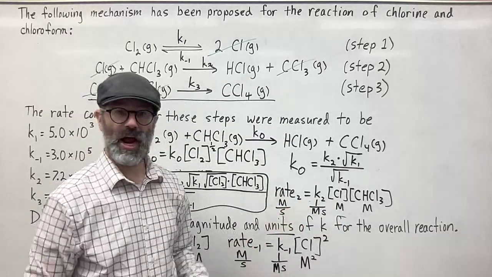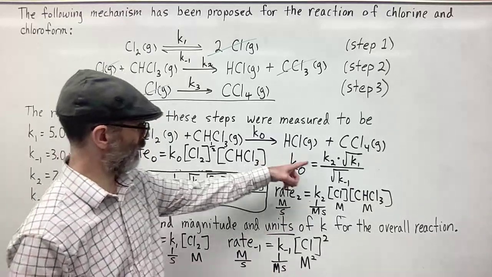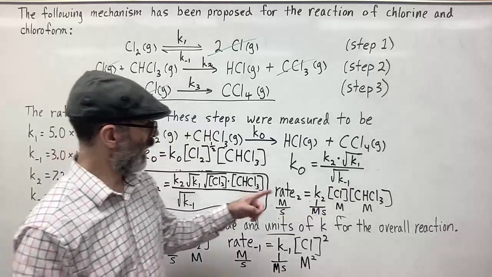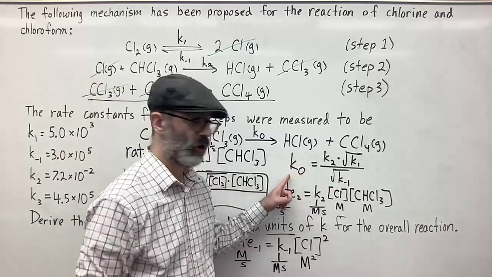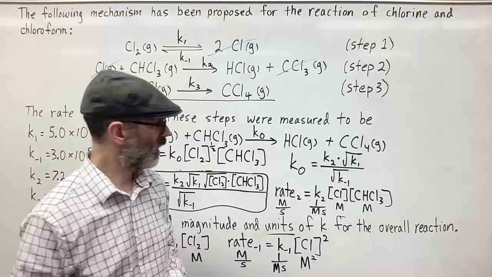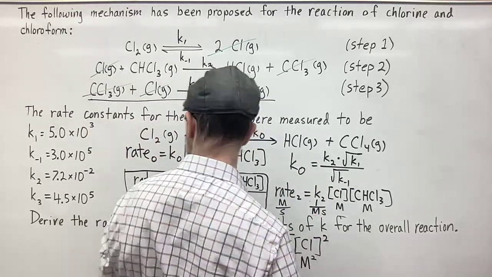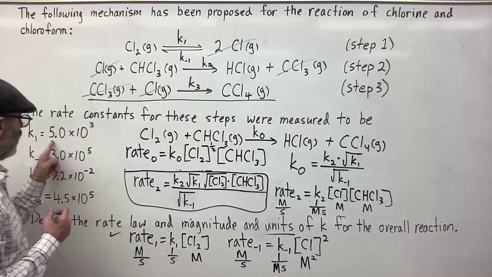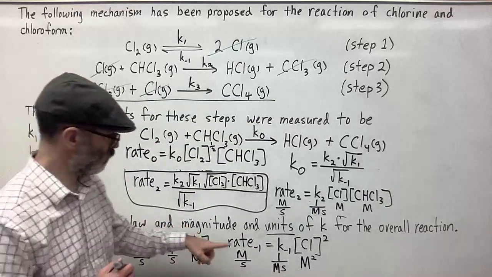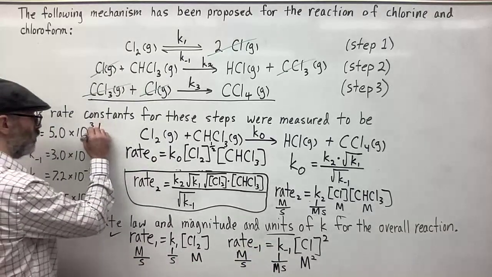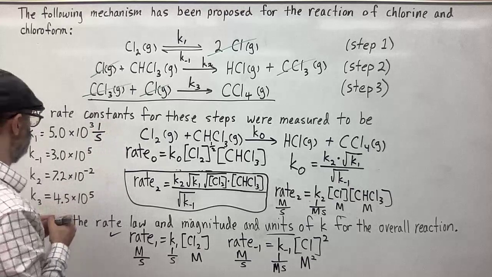So now that we have the units for all the K values, K2, K1, and K minus 1, now we can figure out the units for KO by plugging them in, right? So let's write the units over here. K1 was 1 over seconds, so we'll put 1 over seconds there.